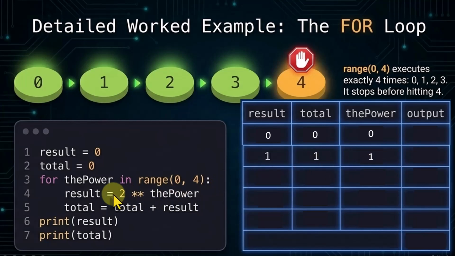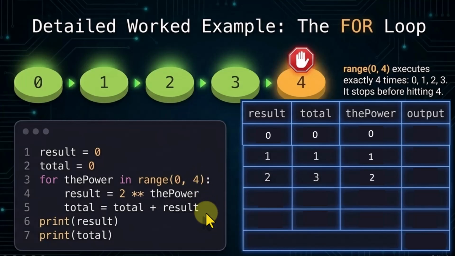Now again result is equal to 2 to the power of the power, so 2 to the power of 1 will be 2. Then total plus result, 2 plus 1 will be 3, stored inside total.